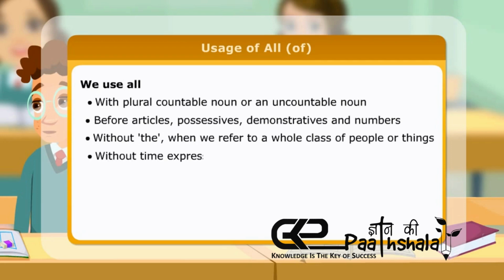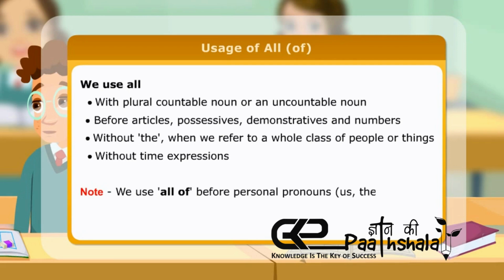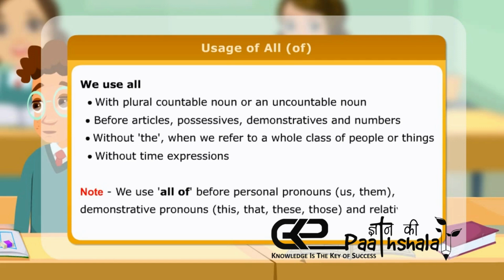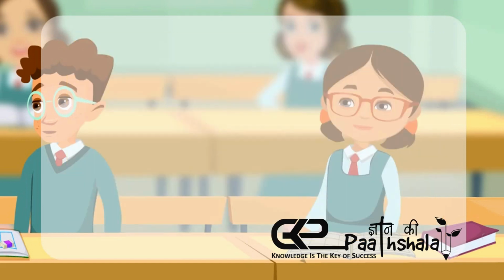Without time expressions. Note, we use all of before personal pronouns, us, them. Demonstrative pronouns, this, that, these, those. And relative pronouns, whom, which.